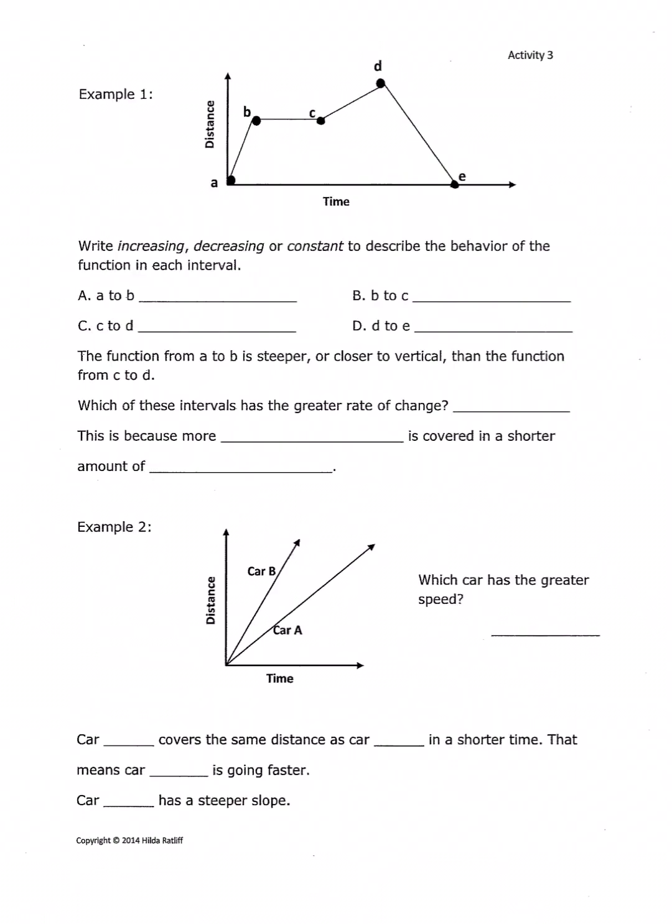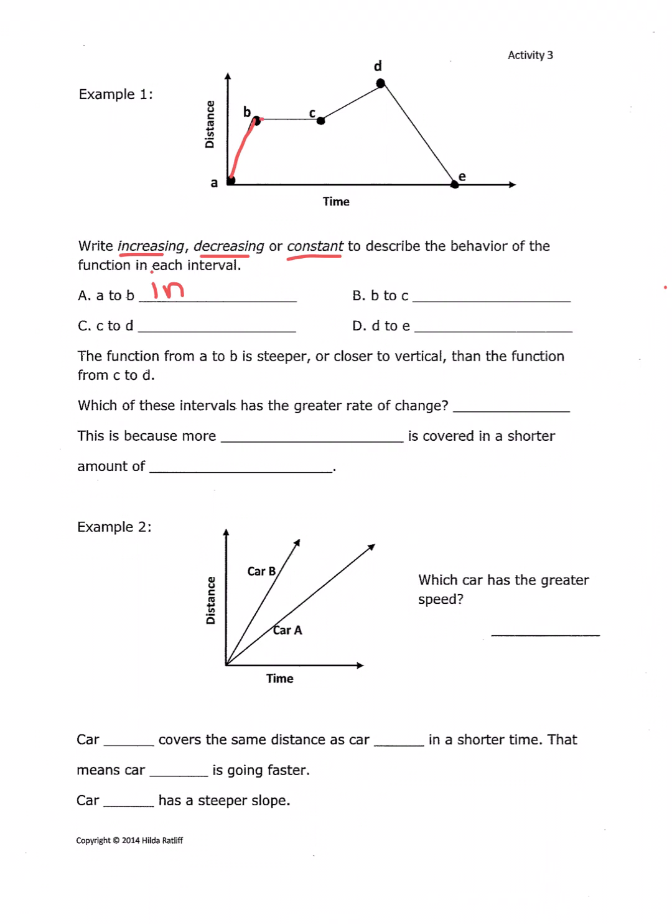Here it says write increasing, decreasing, or constant to describe the behavior of the function in each interval. Again, constant would be a slope of 0. So let's look. From A to B, well, that's going up, so that is increasing. I'm going to put IN for increasing.